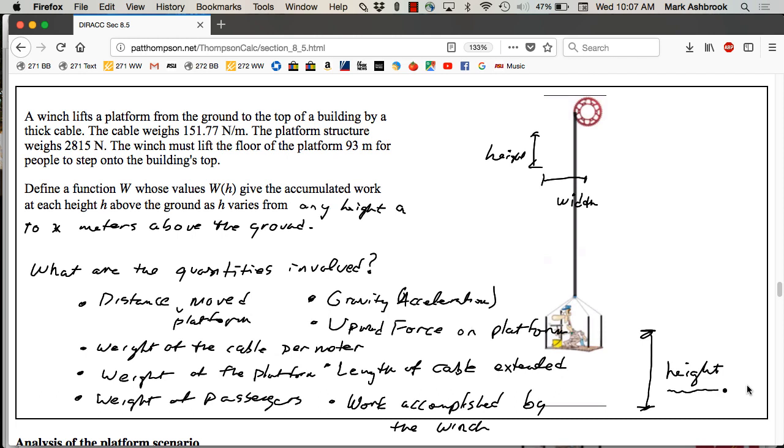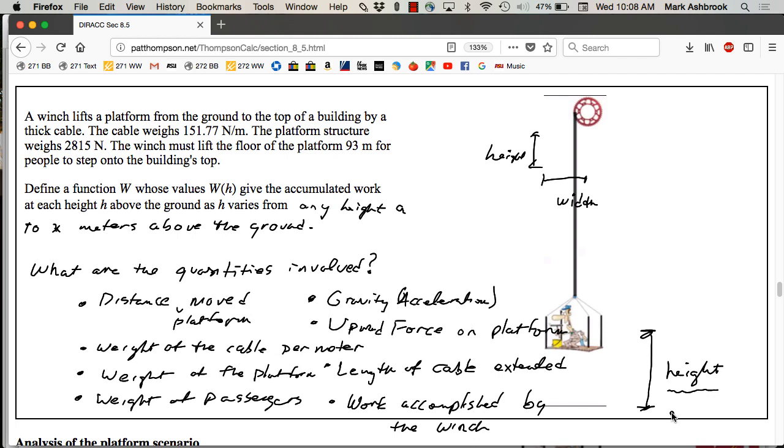So the height of the platform is going to be the independent variable, and then the dependent variable is going to be the weight of the cable? Is that our dependent variable? Yeah, it's going to be the work accomplished so far if the platform is at its current height. So how much work has been accomplished so far to get the platform to that height?